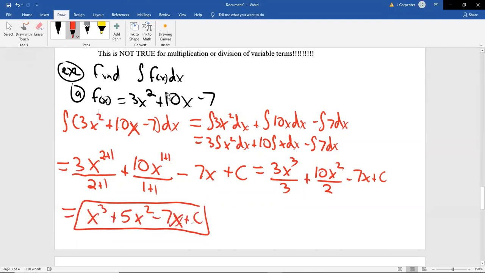So again, sums and differences do not really affect the rules for integration. Constant coefficients do not really affect the rules of integration. This is a great simple example to demonstrate that. And remember, if you're not sure about something when you're integrating, take the derivative. If you get the original function, then you're good.